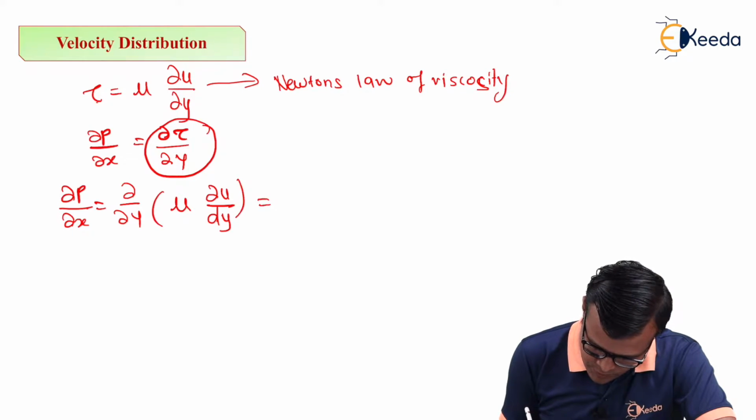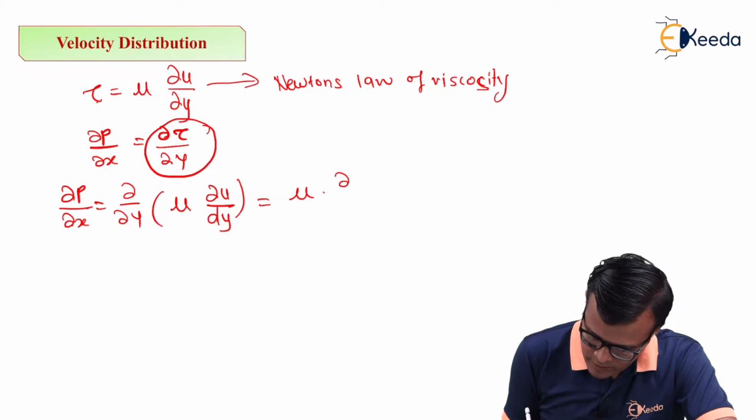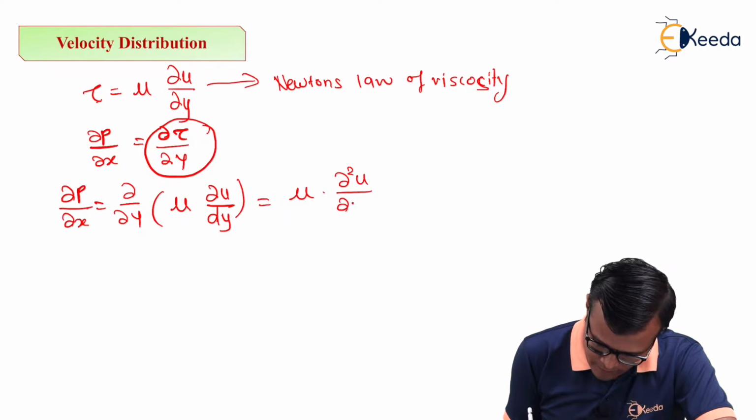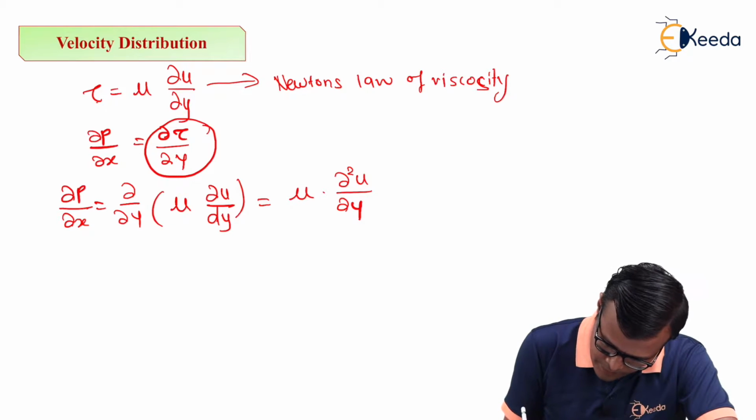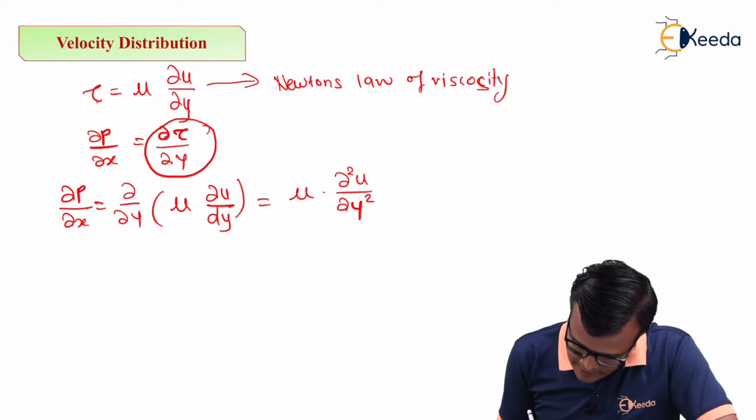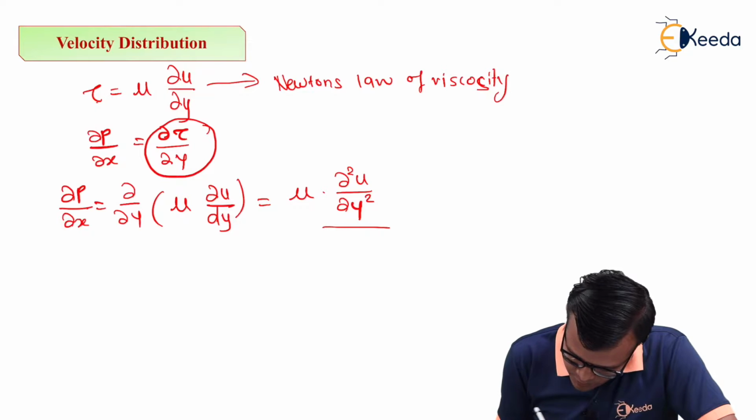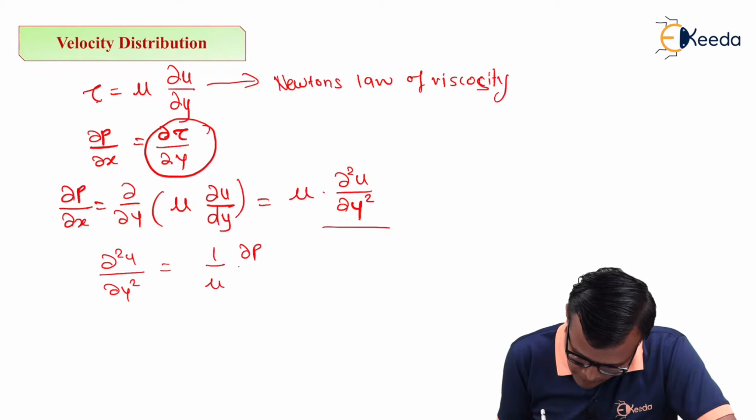So it becomes, we all know mu is a constant, so mu into the second order partial derivative of u with respect to y square. So it is clear that this term, delta square u upon delta y square, is nothing but 1 upon mu delta p upon delta x.